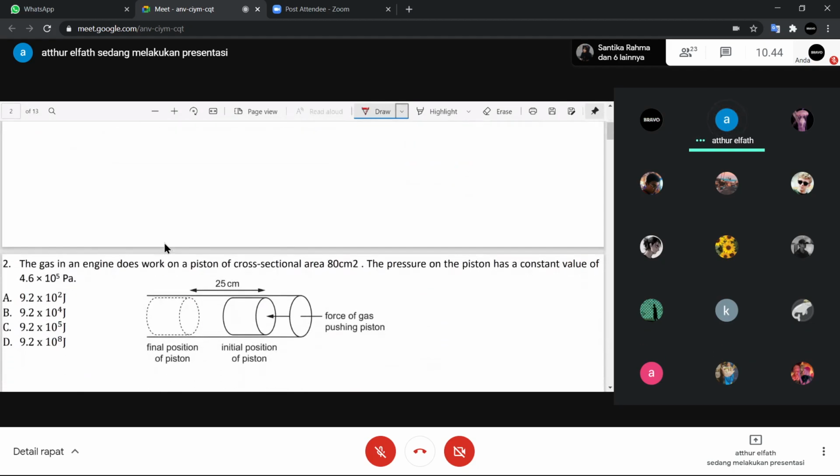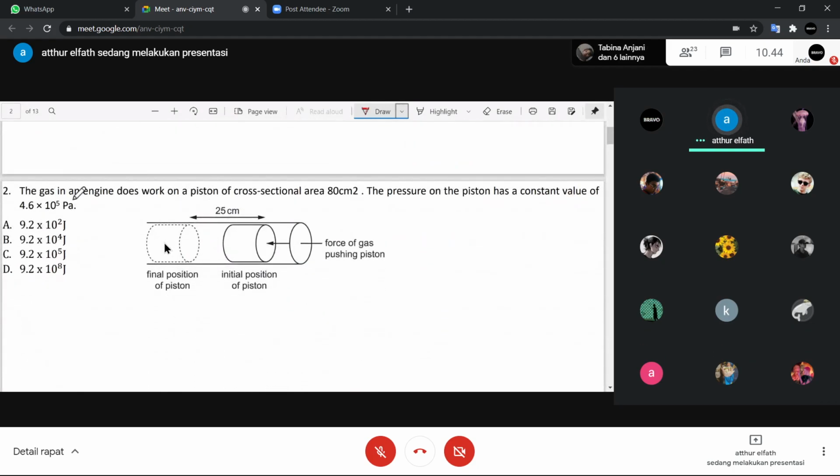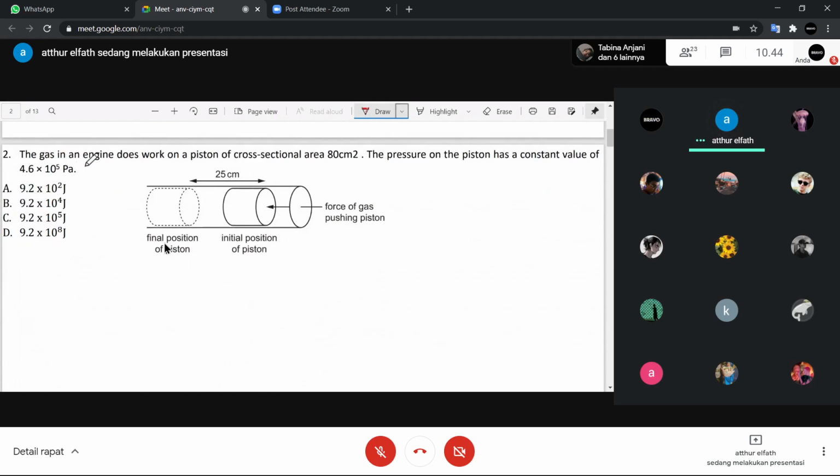Number two. As you can see, the gas in an engine does work on a piston of cross-sectional area 80 centimeters square. The pressure on the piston has a constant value of, the units is Pascal, so we can assume this is a pressure: 4.6 times 10⁵ Pascal.